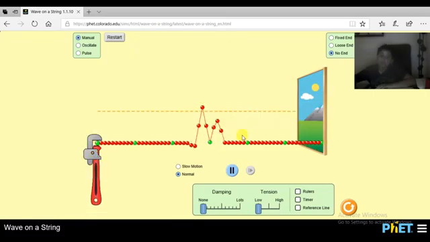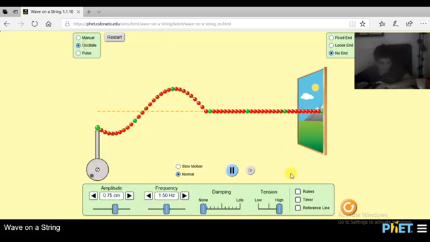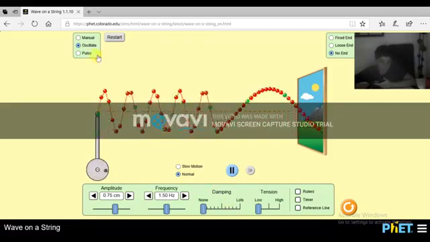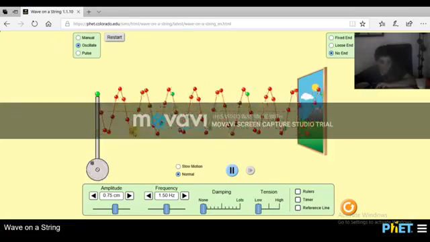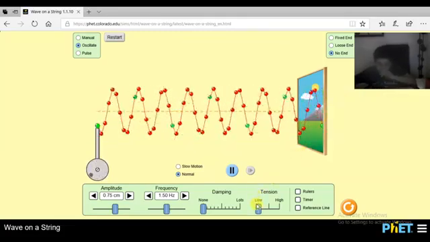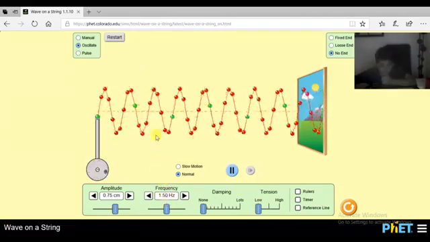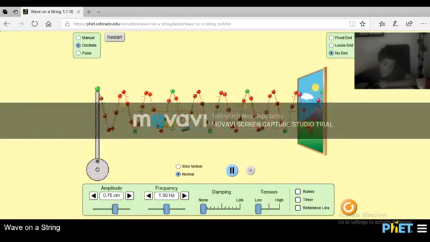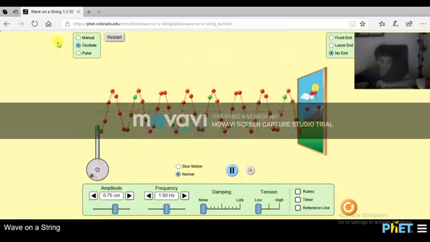In oscillate, moving it, you see it much more clearly than manually. Tension also affects the frequency, though not that much, because frequency is how many waves per second, 1.50 waves per 1 second, so it also depends on the time.